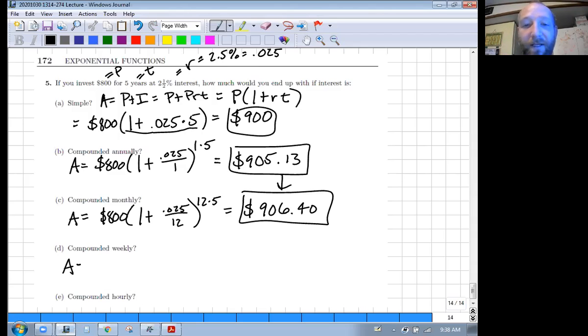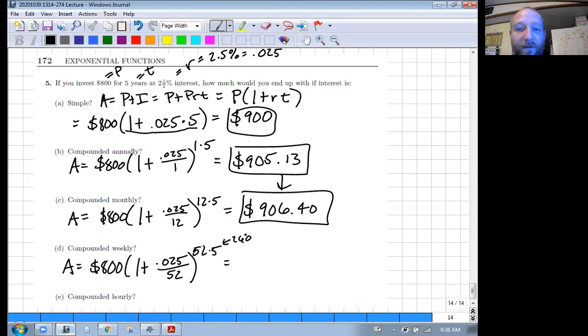We compound weekly. Weekly, our n is 52. So 52 times 5, that's 260.